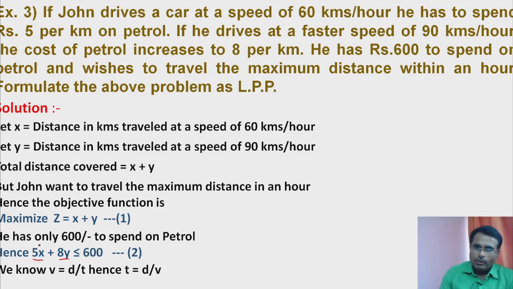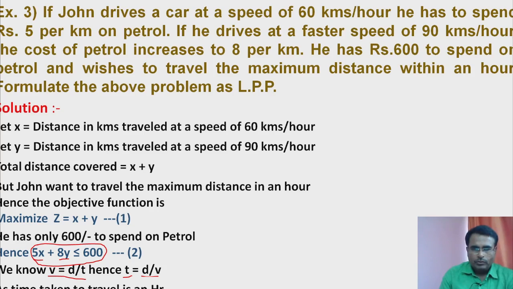Therefore, the total cost is 5x plus 8y, and that should be less than or equal to 600. Also, we know that velocity is always equal to distance upon time. Therefore, time is equal to distance upon velocity. Therefore, the aim is to travel in an hour.